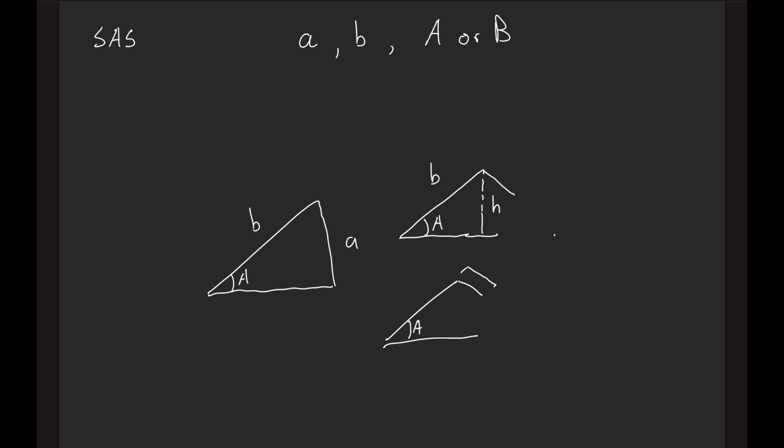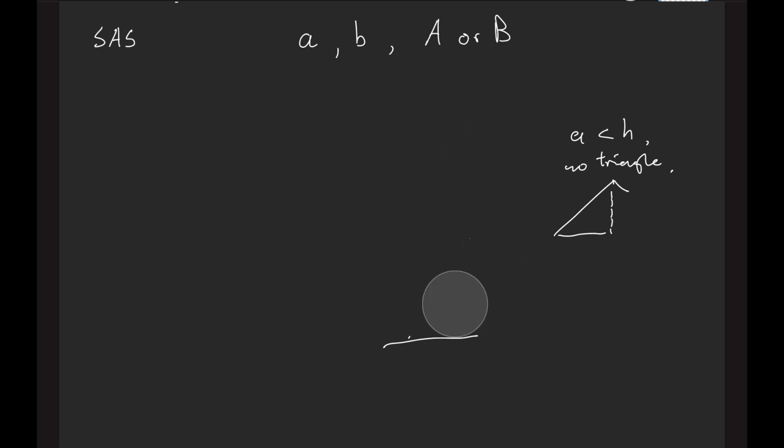We can't move them. We can't try to compensate for the lack of length of the opposite side. So if our angle looks like this, where A is shorter than H, no triangle.